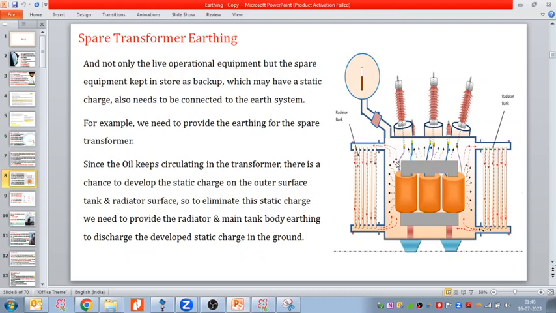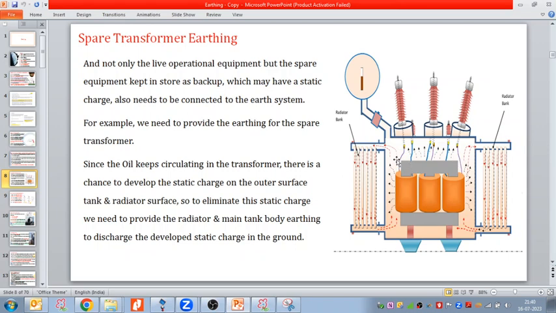Yes, so the oil keeps circulating, and why does it keep circulating? Because there is a difference in temperature. Suppose the transformer is exposed to the sun, so solar heat comes on the transformer oil tank, more on the upper side of the oil.